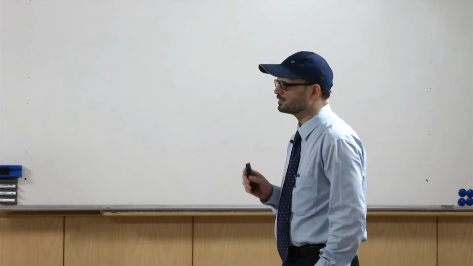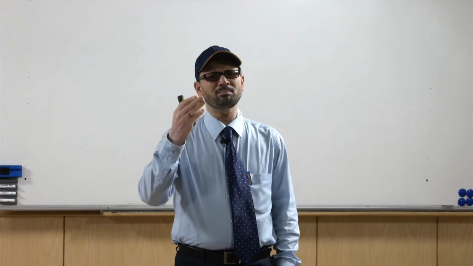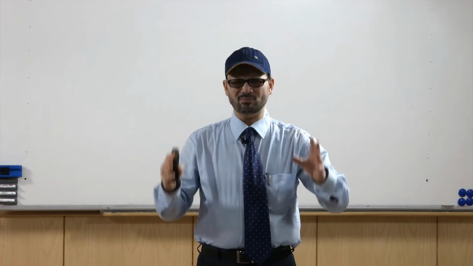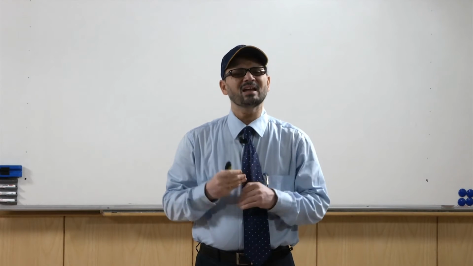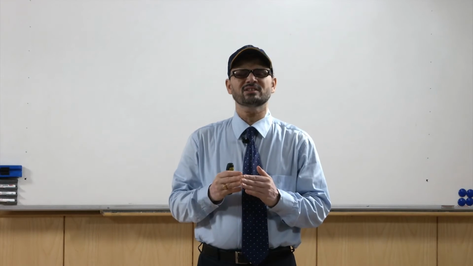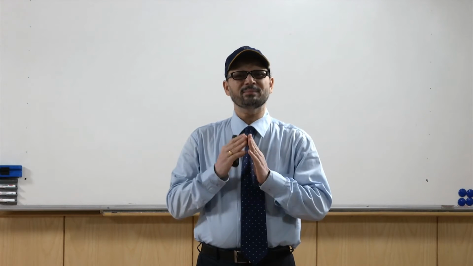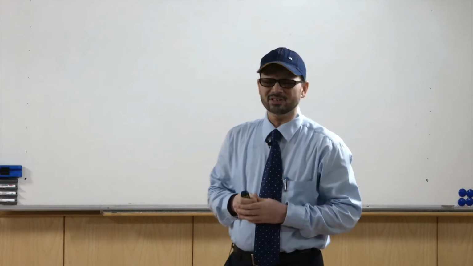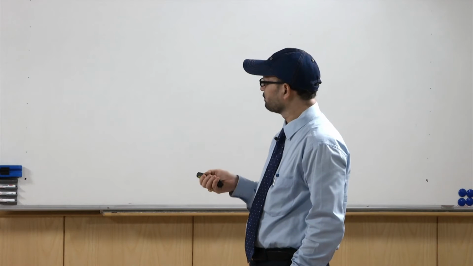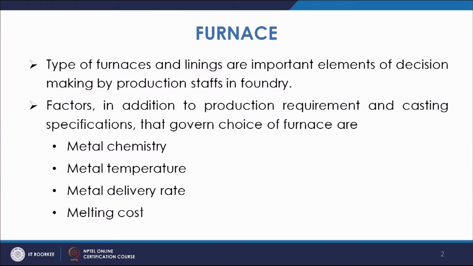So you need a reservoir where you can melt this, and for that you need a shell and a lining of refractory material. Both are very important elements in deciding what type of furnace and what type of lining material should be used.